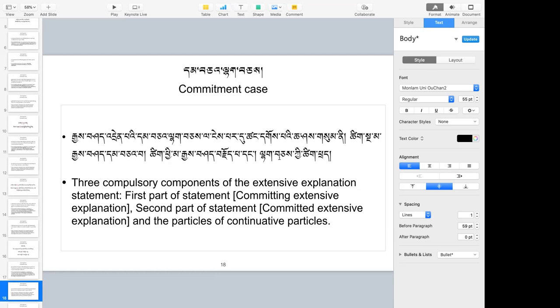First part of the statement, committing extensive explanation. Second part of the statement, committed extensive explanation. And the continuative particles. So three components which are necessary.